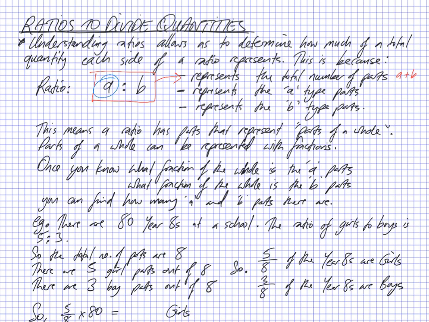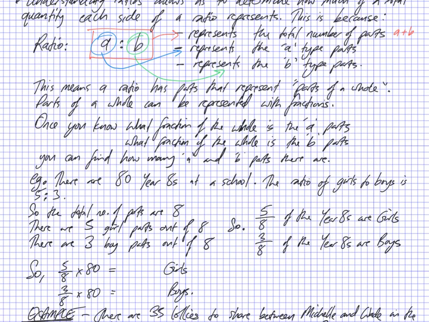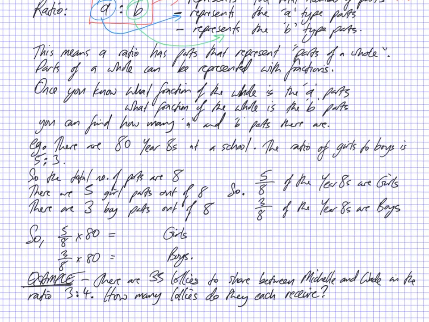Now this side represents how many A parts there are, and this side represents how many B type parts there are. So either side of a ratio has parts that represent parts of a whole, and parts of a whole can be represented with fractions.